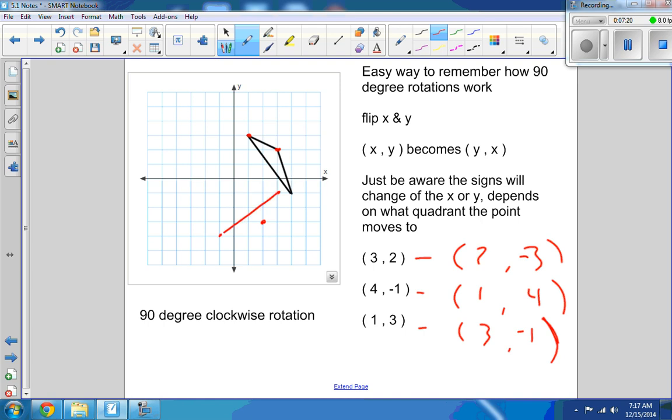So there is our rotated triangle, and those are both negative. So I'm going to label this A, B, C, A prime, B prime, C prime. And there we go. That's a 90-degree rotation, clockwise. If I'm going counterclockwise, it's in this direction.